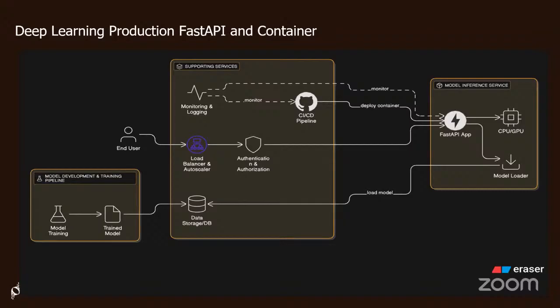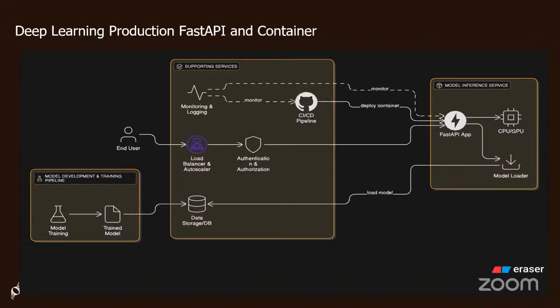Here, data scientists train models using frameworks like TensorFlow, PyTorch, or scikit-learn. The trained model is then stored in data storage or databases like MySQL, Postgres, S3, or MinIO. Likewise, it can be stored in any of these.